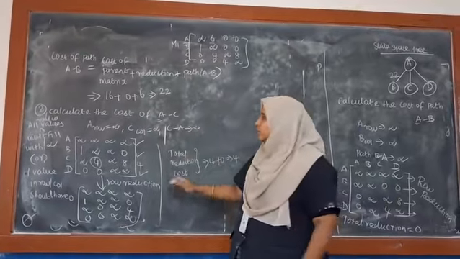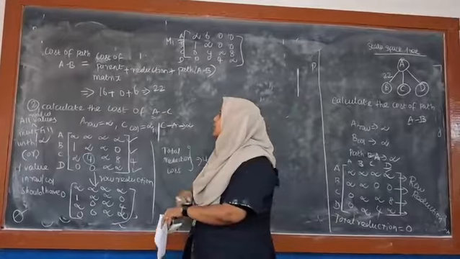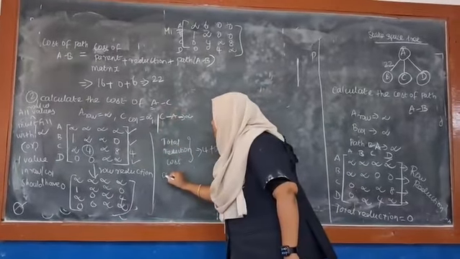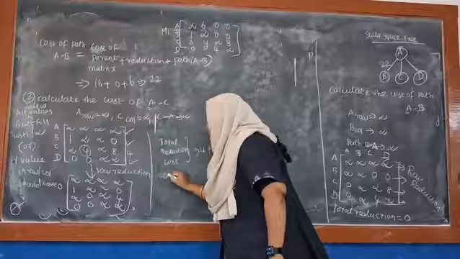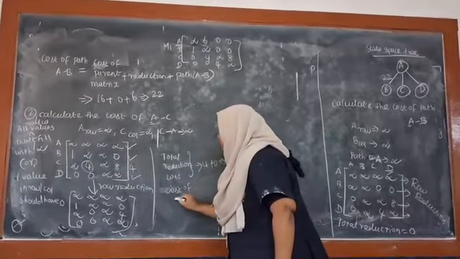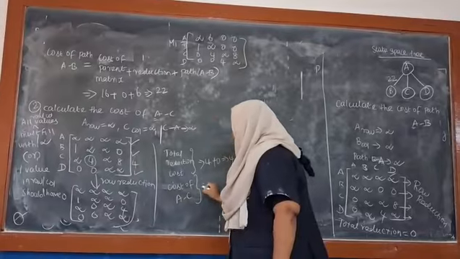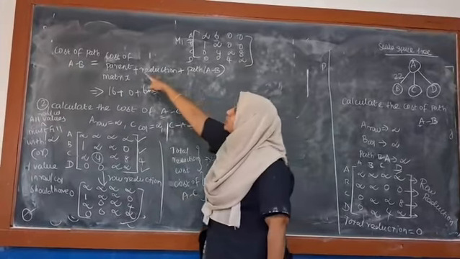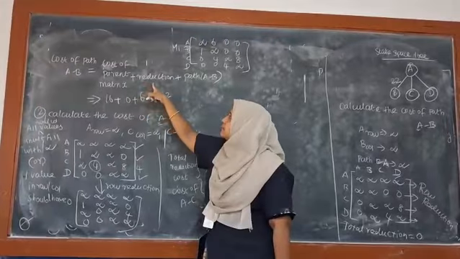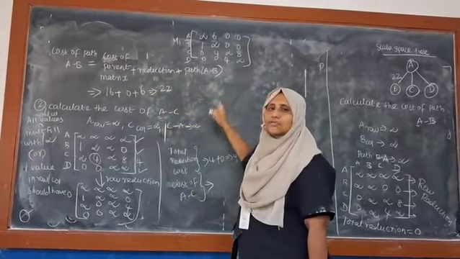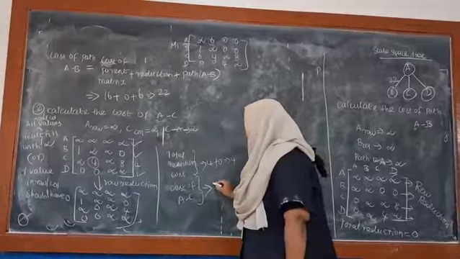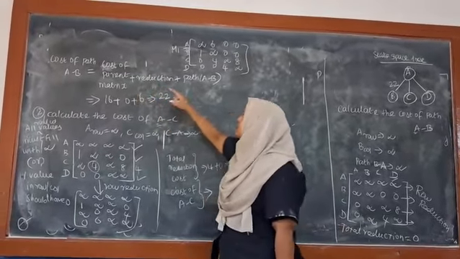Okay, so now we want to calculate the cost of A to C. You know the formula. What is that? Cost of parent matrix plus reduction plus path of A to C. So what is the cost of the parent matrix?